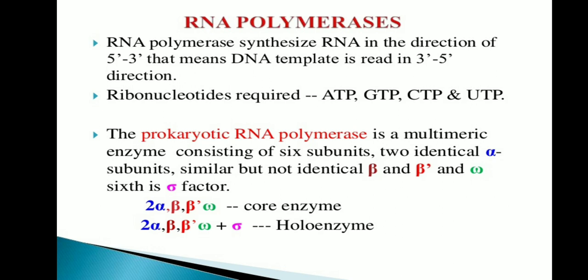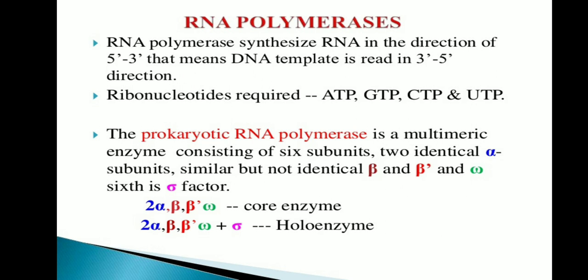It will attach somewhere, but the specificity of this RNA polymerase enzyme is due to the sigma subunit of RNA polymerase, right? Due to this sigma factor, the RNA polymerase attaches only at the promoter site of DNA. So only the sigma factor can therefore select which gene is going to be transcribed.